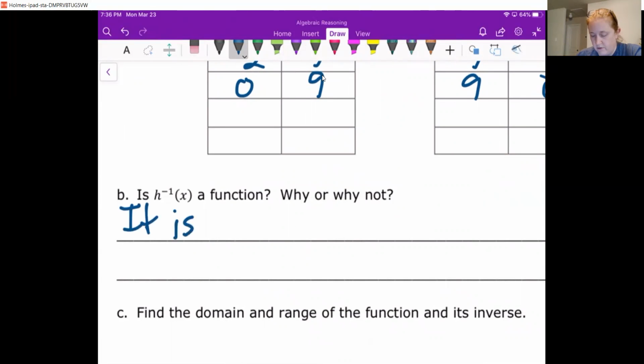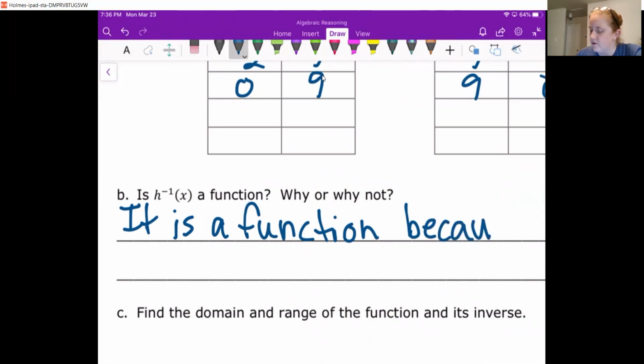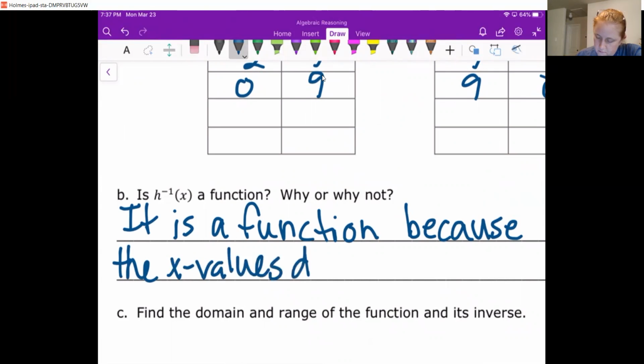So it is a function, because your x values don't repeat.